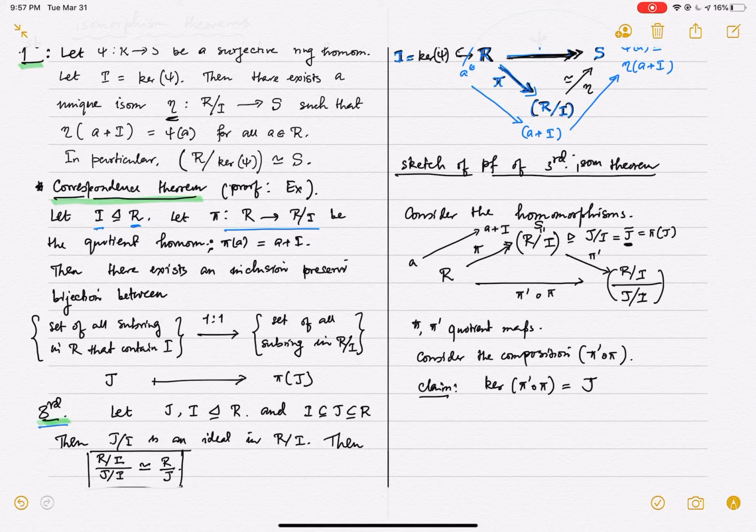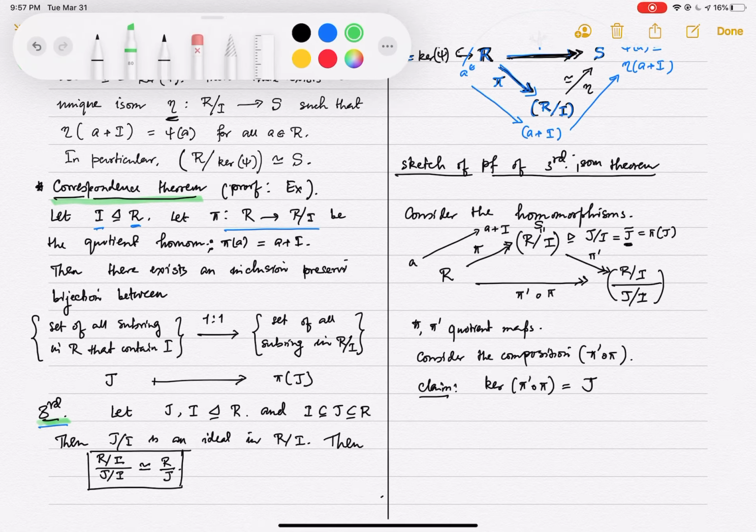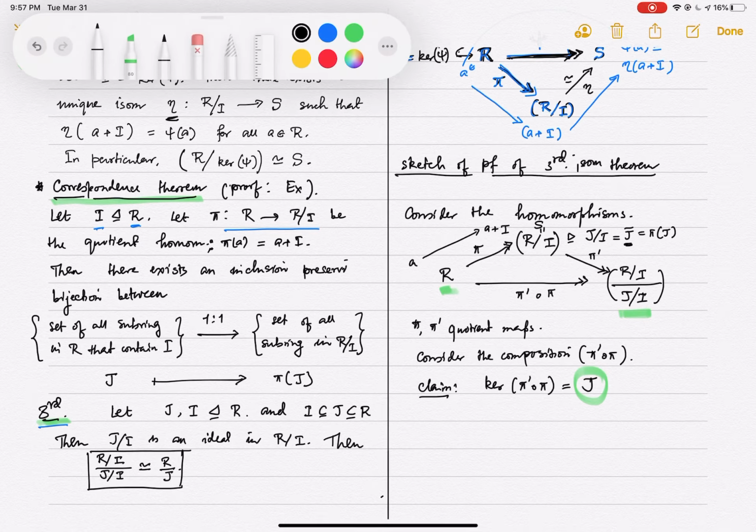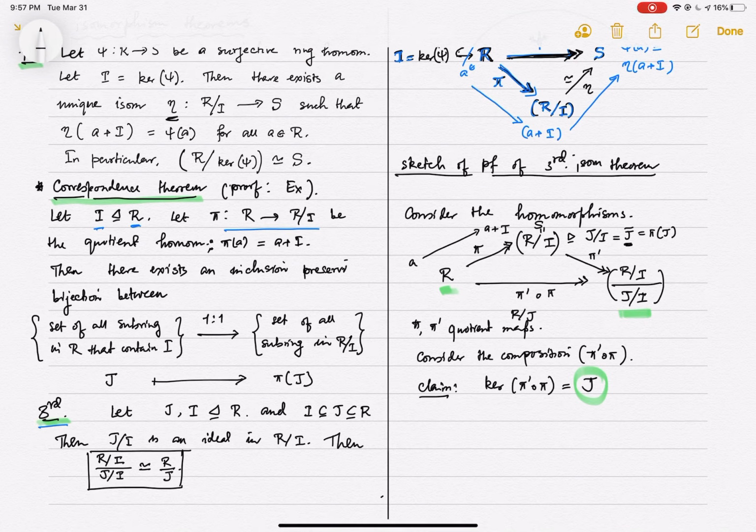This is onto, because quotient maps are onto, so the composition is onto. You have a surjective ring homomorphism from one ring to another ring. The kernel is J, so that induces an isomorphism from R mod J to this ring.